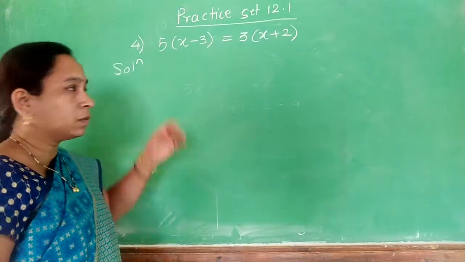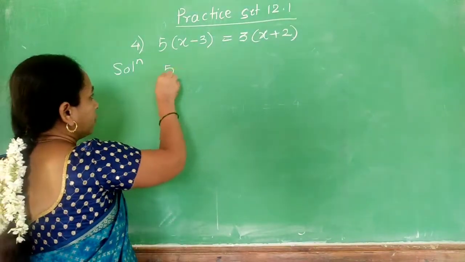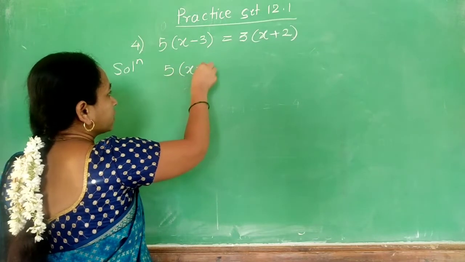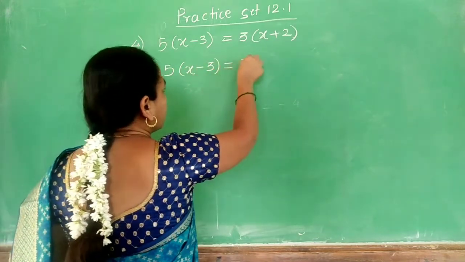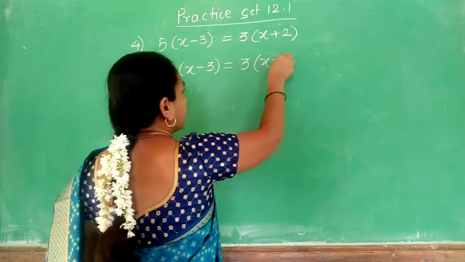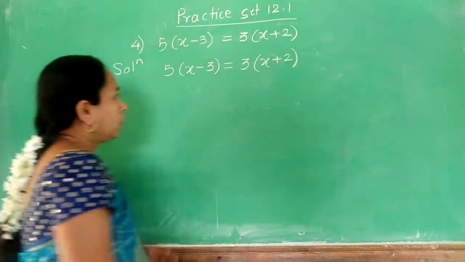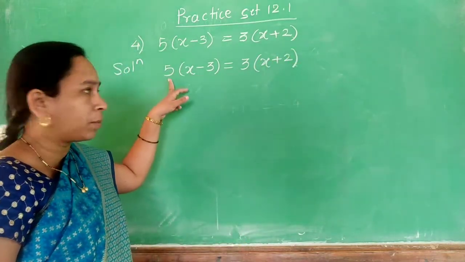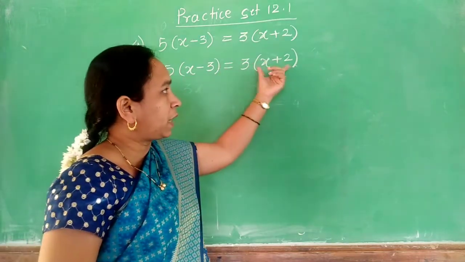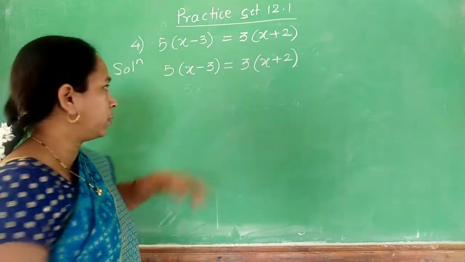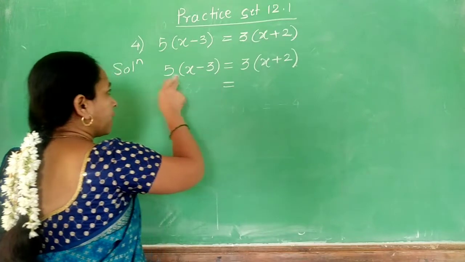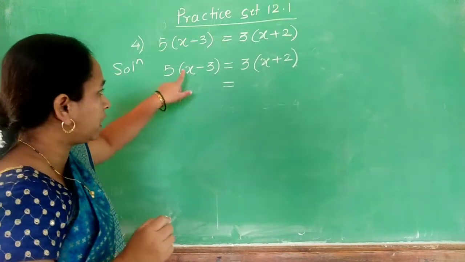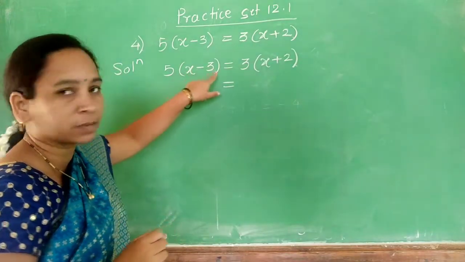Fourth example, here I will write the equation 5 into x minus 3 is equal to 3 into x plus 2. Now this bracket we will multiply by 5, and this bracket we will multiply by 3. When we multiply a bracket with any term, we have to multiply each term of the bracket.